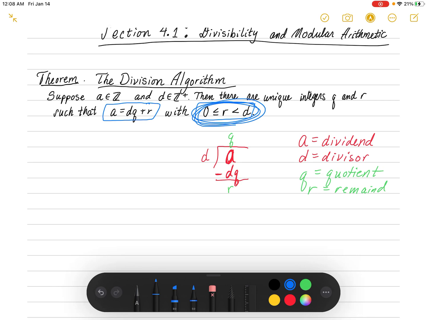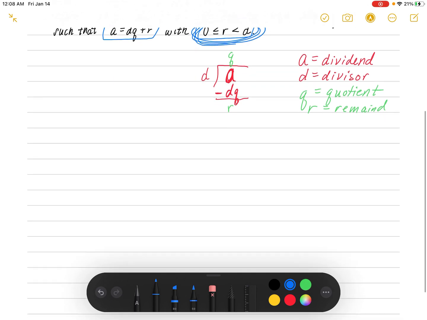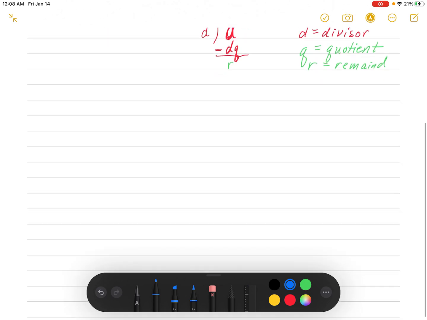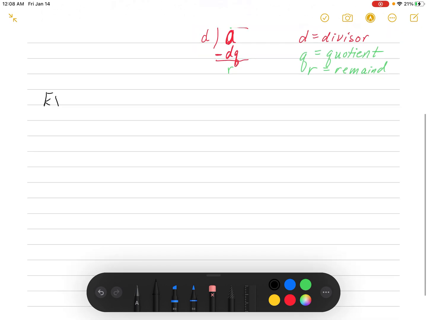All right, so let's use the division algorithm to work some problems. Okay, so examples. You want a calculator for this type of stuff.